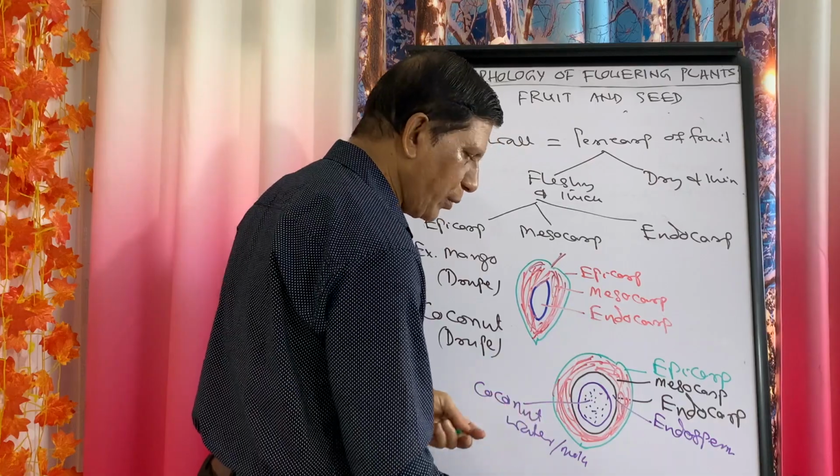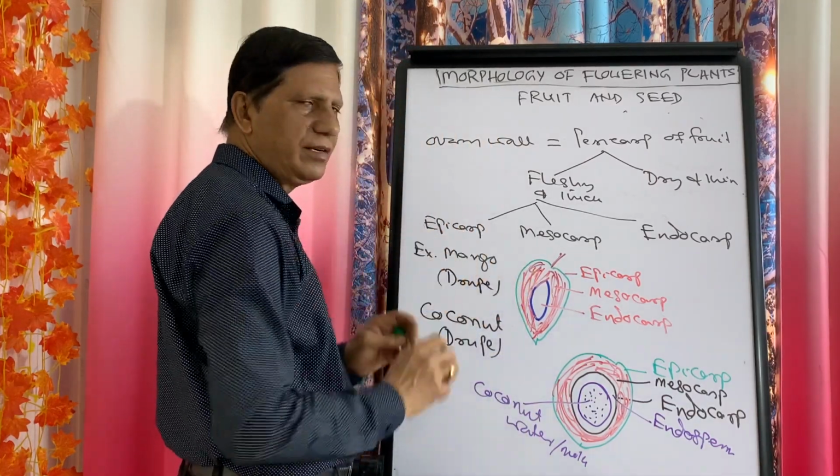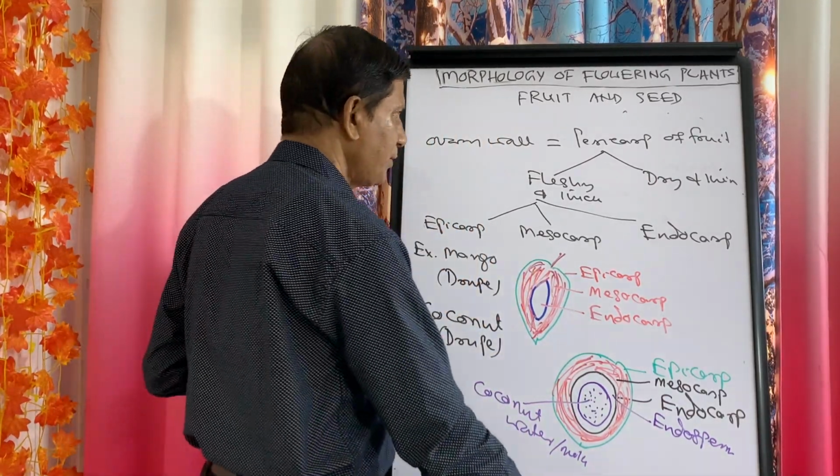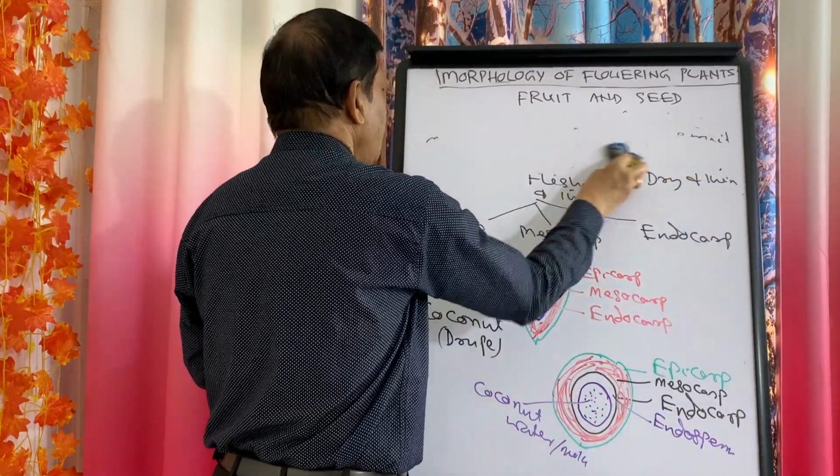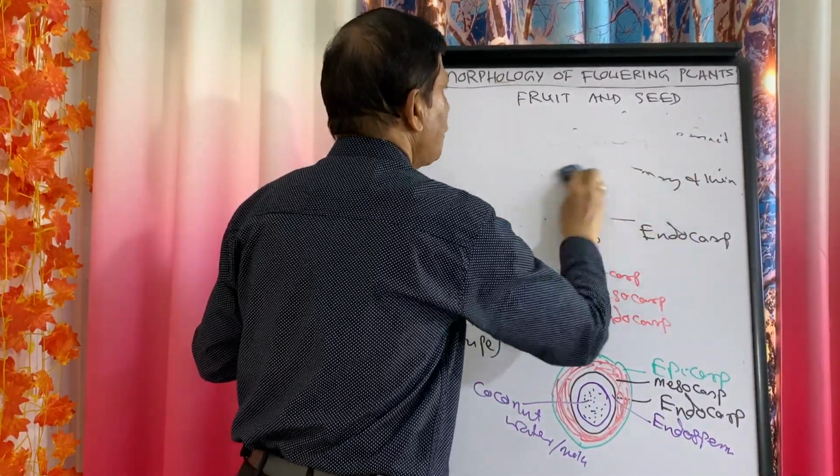Then within the fruit, there is a seed. So what is the definition of seed? Seed is usually a matured fertilized ovule.